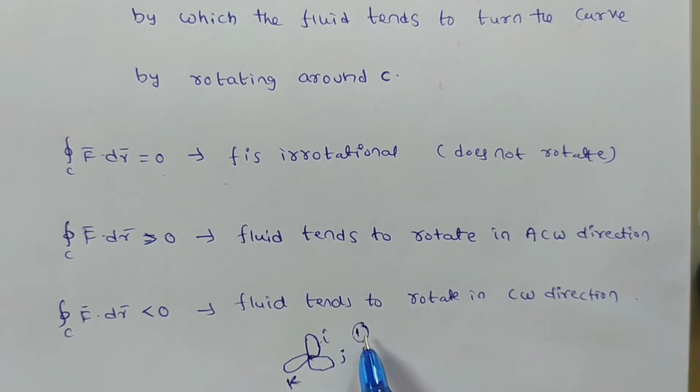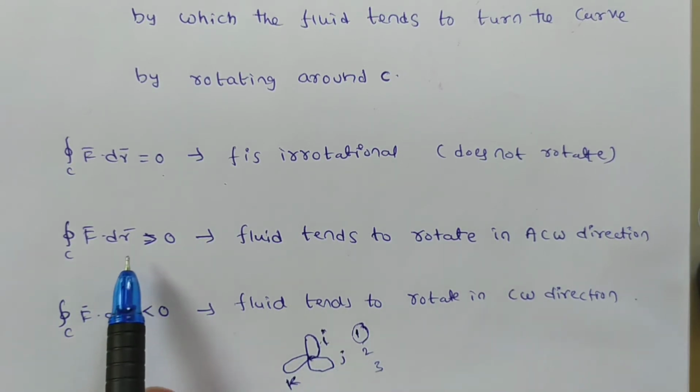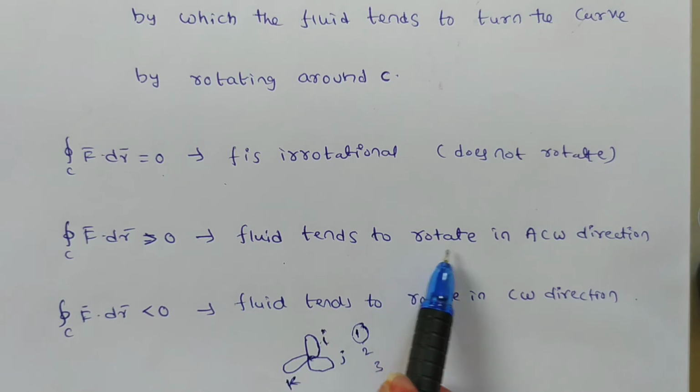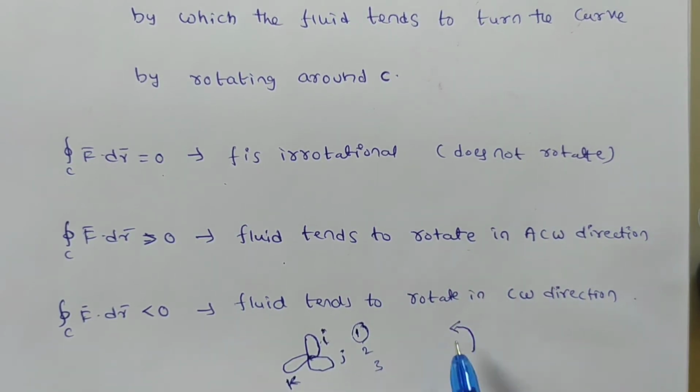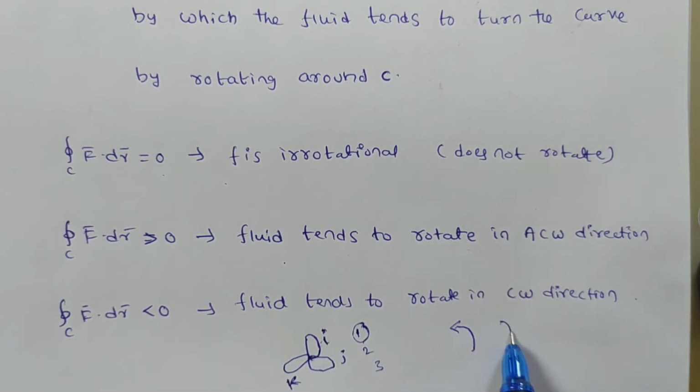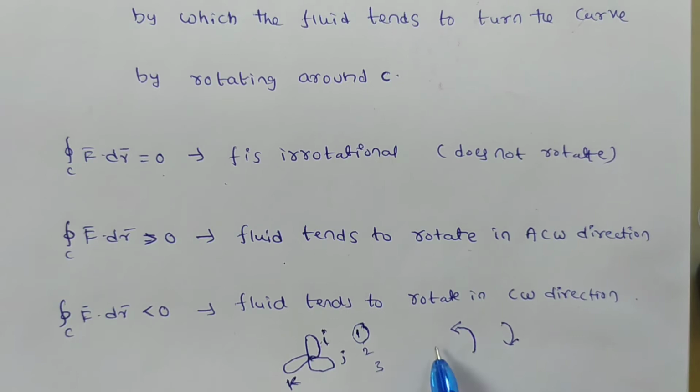If after turning the fan wings reach the same place, then there is no change, nothing but no rotation. Next, if it is greater than 0, the fluid tends to rotate in the anti-clockwise direction. If it is less than 0, the fluid rotates in the clockwise direction. If it is equal to 0, there is no rotation.